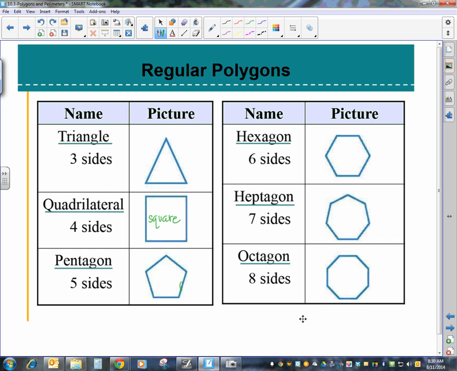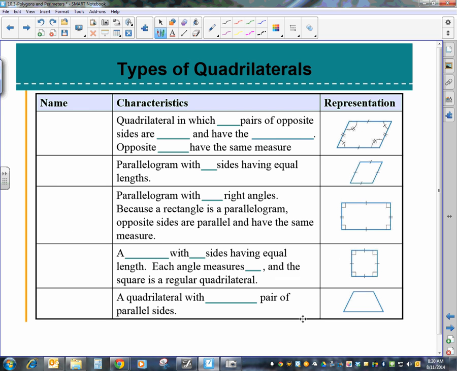Okay, next we're going to talk about the different types of quadrilaterals. The first one, hopefully you can recognize from the picture, is a parallelogram. The characteristics you need to remember about a parallelogram are that both pairs of opposite sides are parallel and have the same measure. Opposite angles also have the same measure.